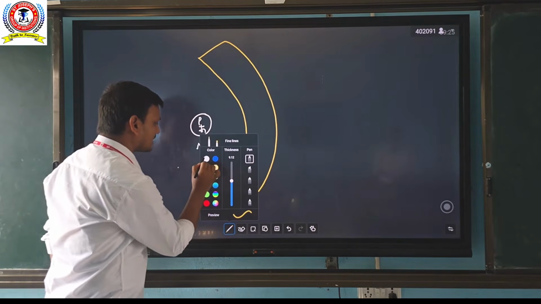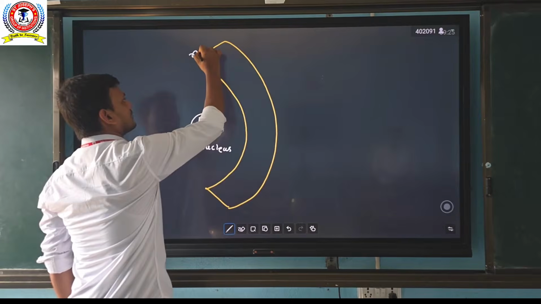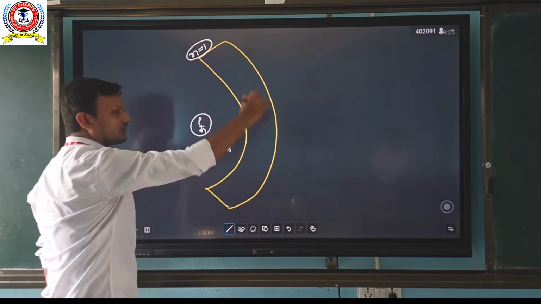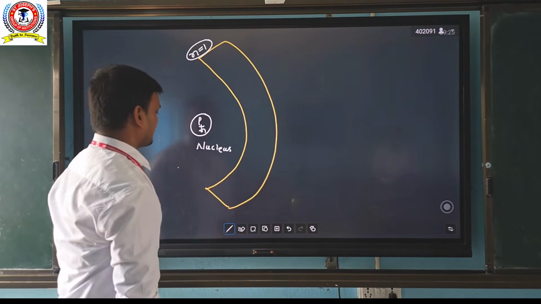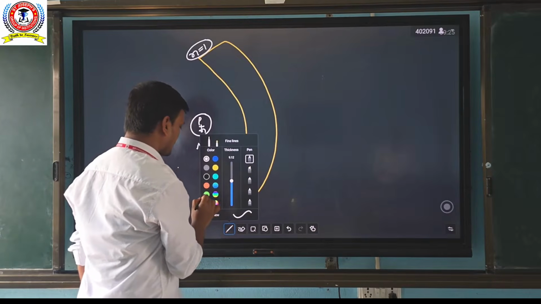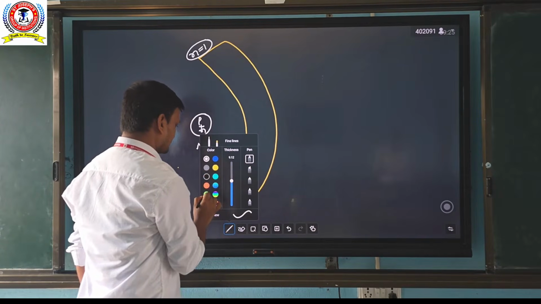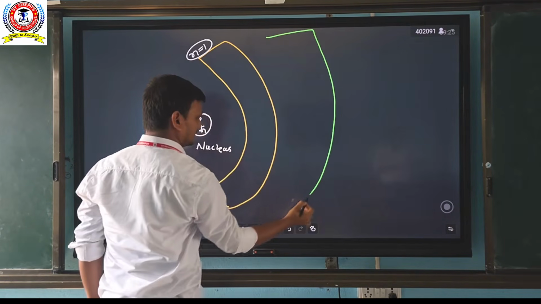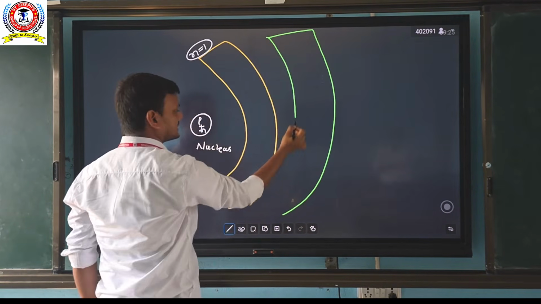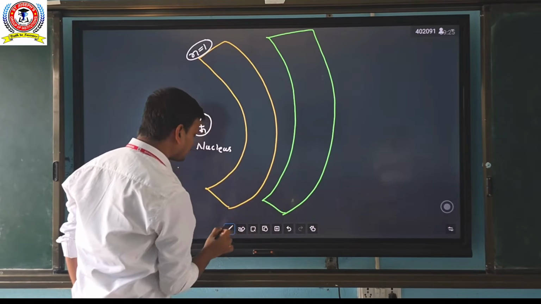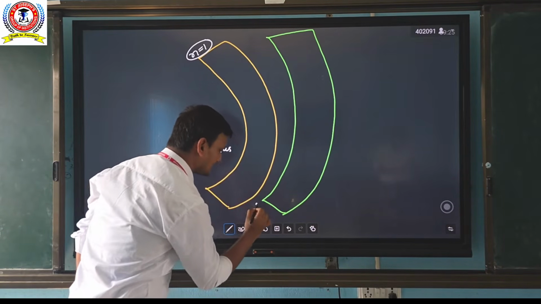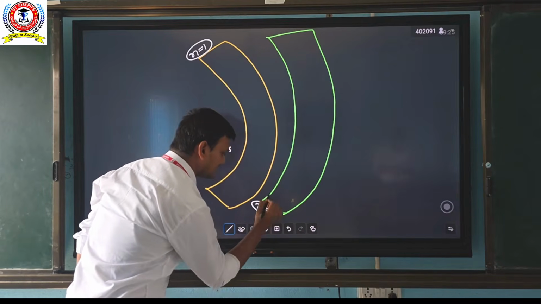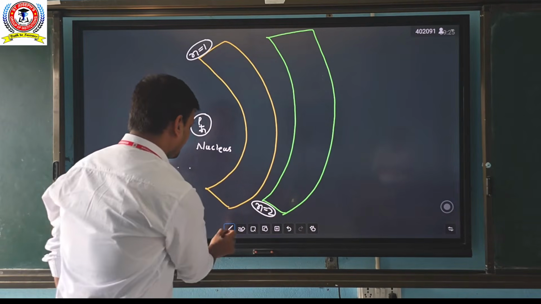And we know that for the first cell, the value of principal quantum number n is equal to 1. Next. Suppose this is your second cell, and we know that for the second cell, the value of n is equal to 2.